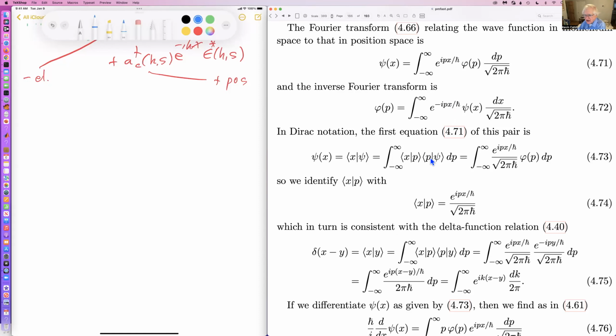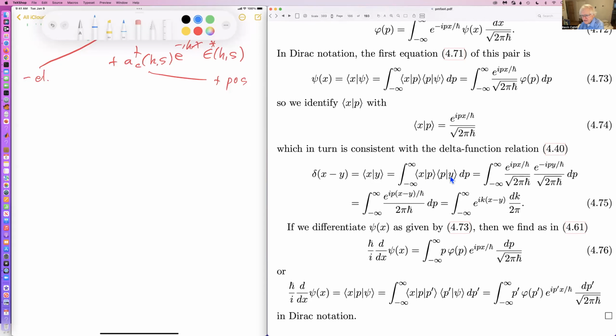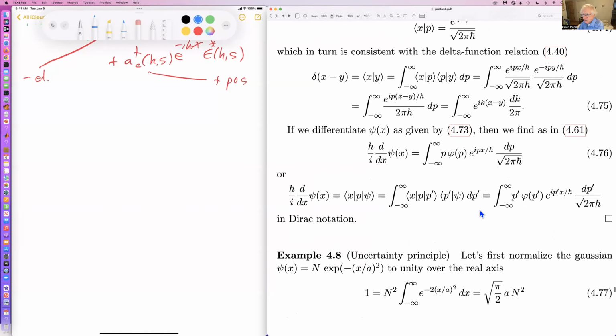You just put in the identity operator. P psi is phi of p, xp is this, and so then we realize what xp is. The delta function is the inner product of x with y, and that's this, which again gives us back Dirac's basic delta function formula.